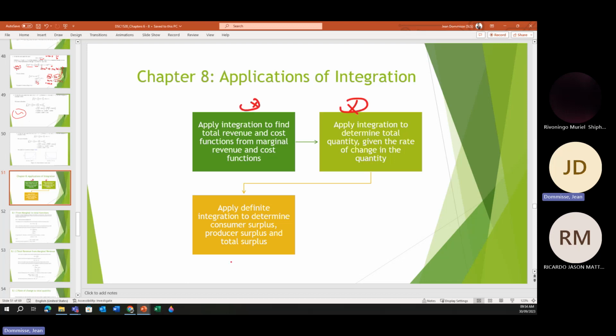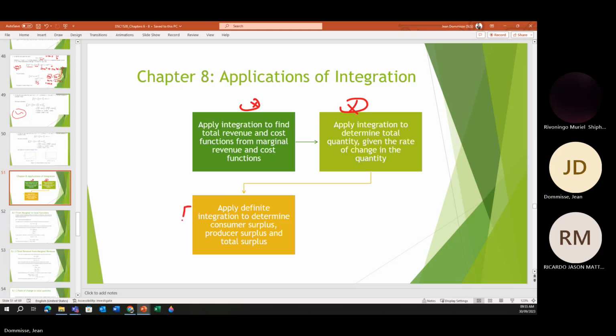And then the last one is where we're going to look at consumer surplus. A lot of the things that we did with the area, and those are the words I was looking for: consumer surplus, producer surplus, and total surplus.